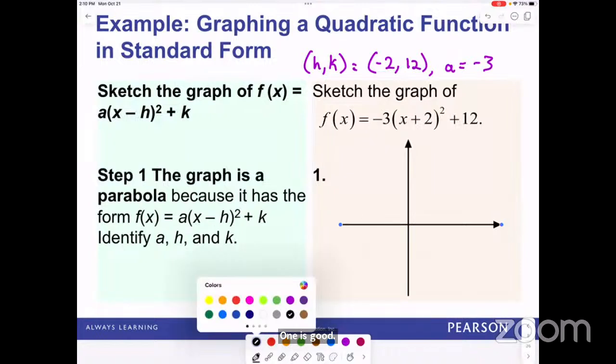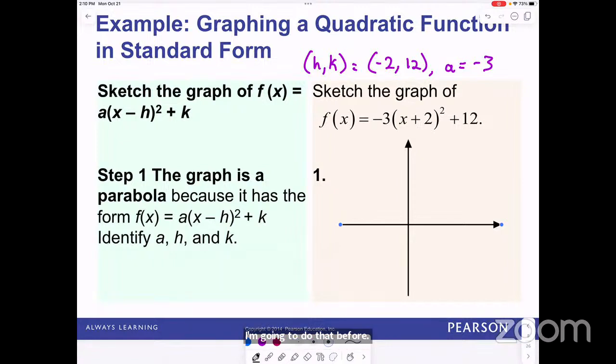Let me see. So we can go 2, 4, 6, 8, 10, 12, 14, 16. Again, this is my positive x in this direction, a positive y in this direction. We don't really need that many in this direction, and this one I'm going by 1. 1, 2, 3, 4, 5. 1, 2, 3, 4. So the reason I say that this is a rough sketch is because it's not necessarily drawn to scale. If I wanted it drawn to scale, I would use graph paper.